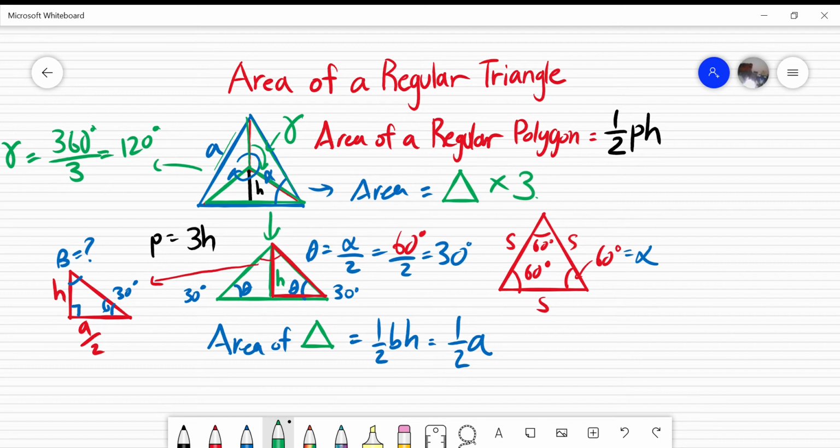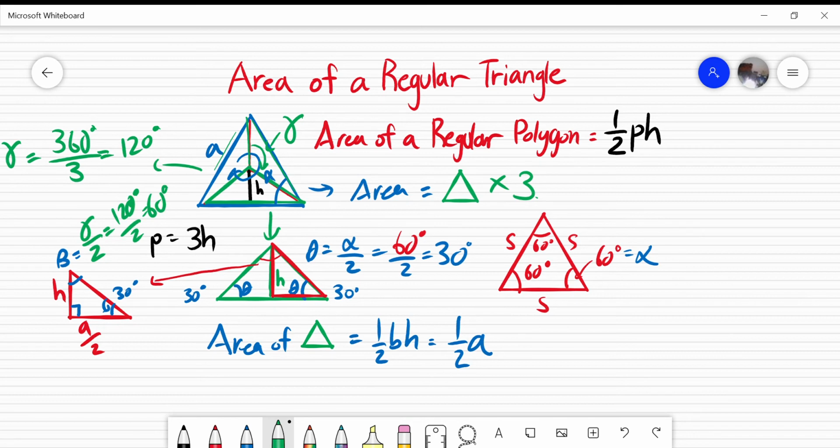Let's erase this. We know that that's equal to this over 2, which is 120 over 2. Therefore, beta is equal to 60 degrees.